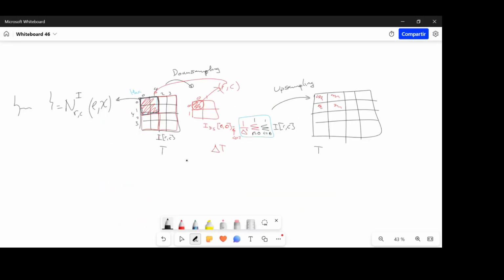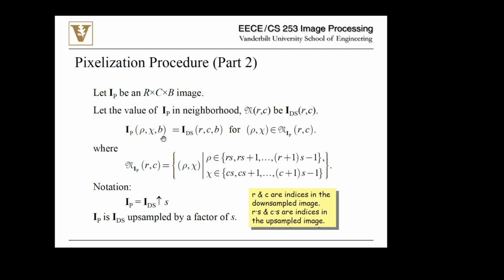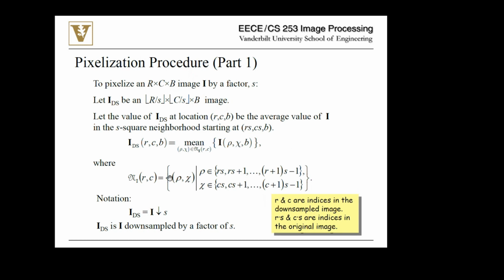Instead of looking, for every point, at what the RC is, for every RC we look for the region that I have to copy. This region is the same neighborhood that we found before. So the neighborhood has exactly the same shape as this one.